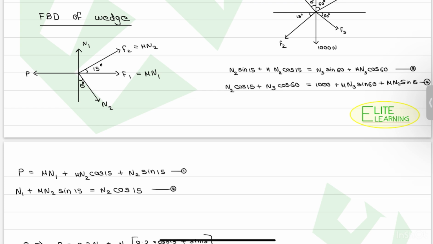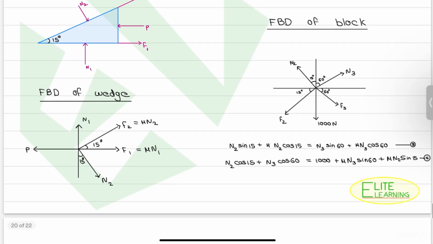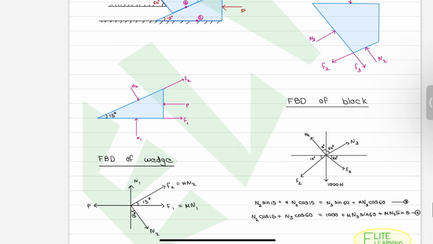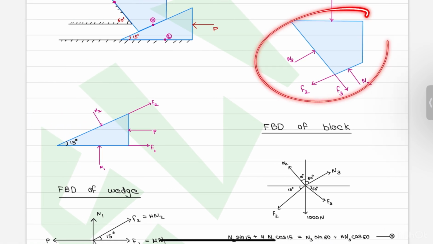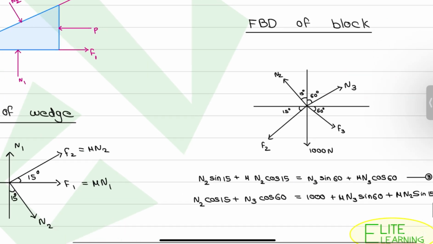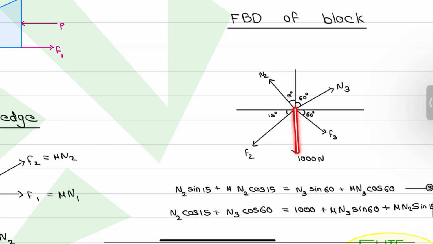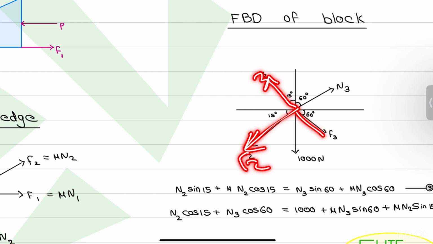Now let's move to the free body diagram of the block. From this figure we can draw the free body diagram. A force of 1000 newton is acting downwards, and N2, F2, F3, and N3.